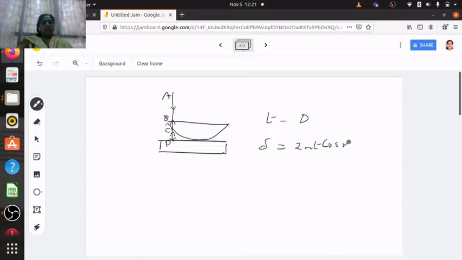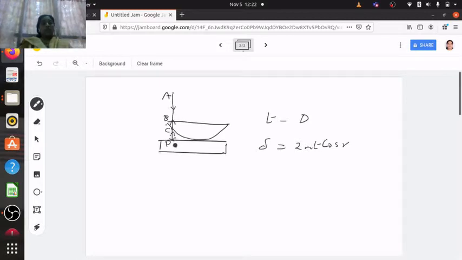The path difference delta between the rays reflected from D and C is equal to 2nt cos r, where n is the refractive index and r is the angle of refraction at the point D. Reflection at the point D is at a denser medium, because the plain glass plate has a refractive index more than that of the air column.